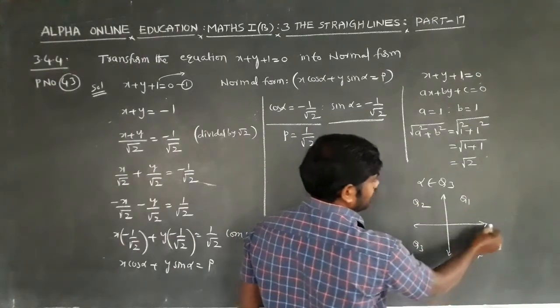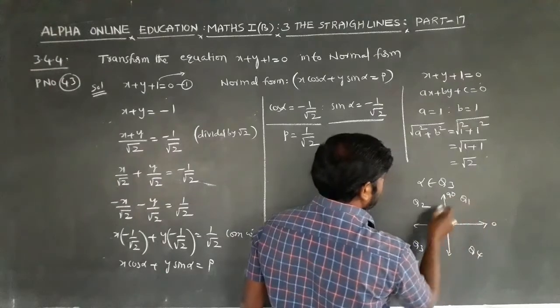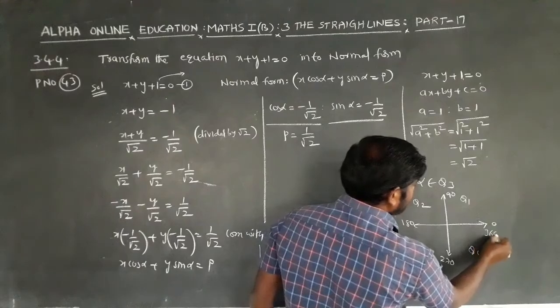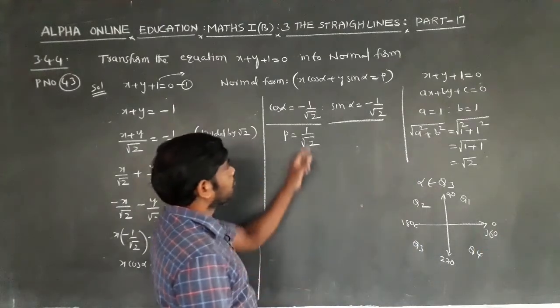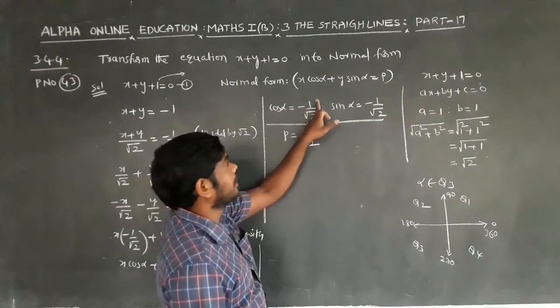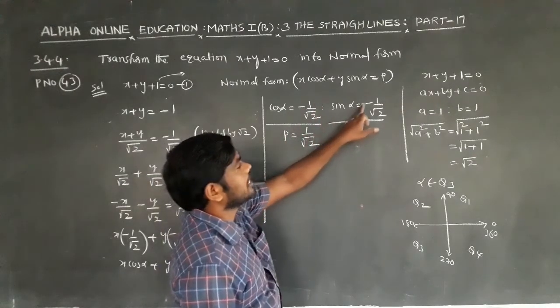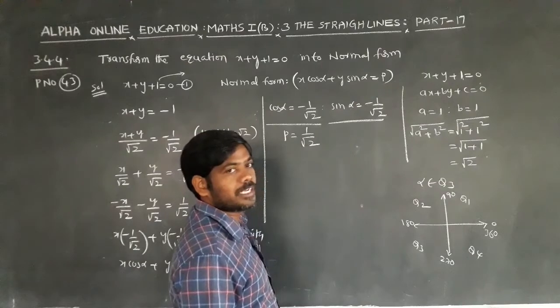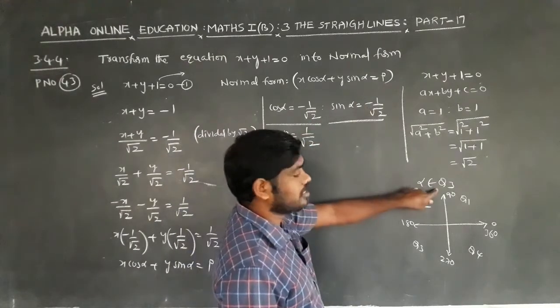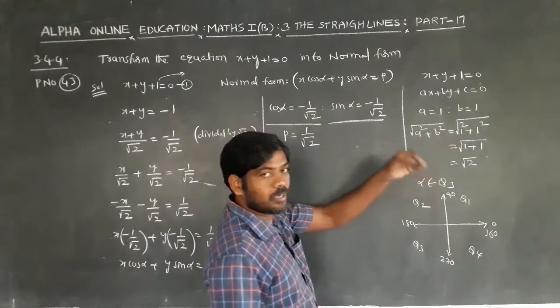Third quadrant: 0, 90, 180, 270, 360. Cos alpha is equal to minus 1 by root 2, sin alpha is equal to minus 1 by root 2. Both are negative means alpha belongs to the third quadrant.